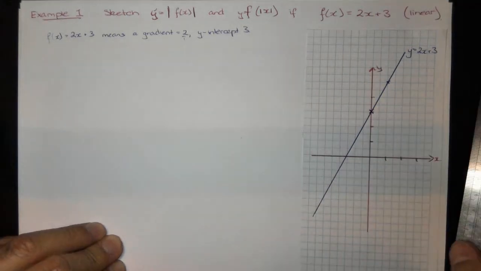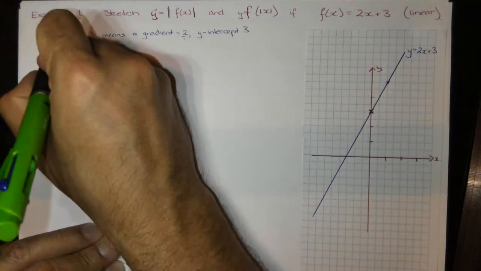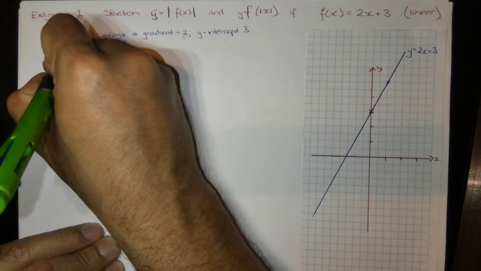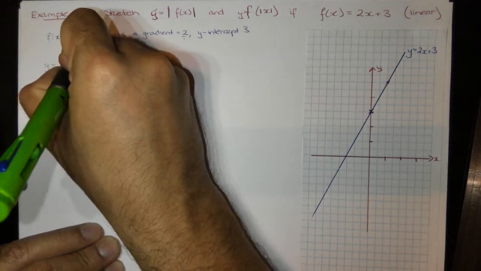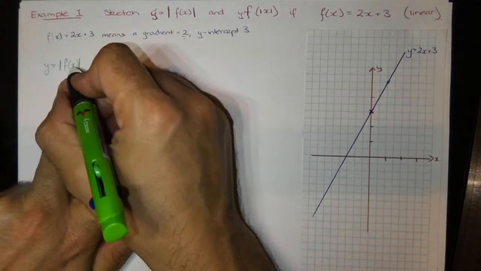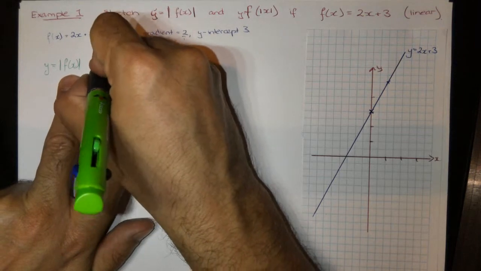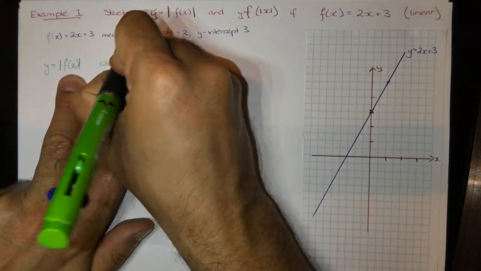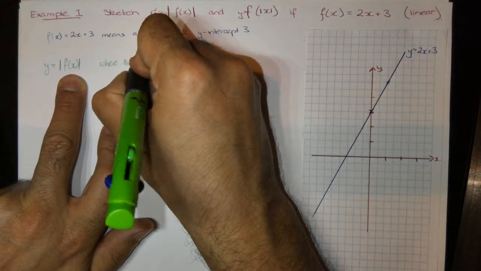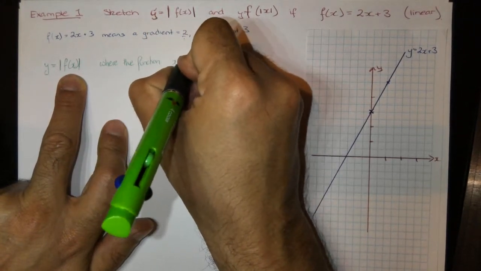With my green pen, I want to figure out y equals the absolute of f of x. Basically this is stating where my function is always going to be greater than or equal to 0.